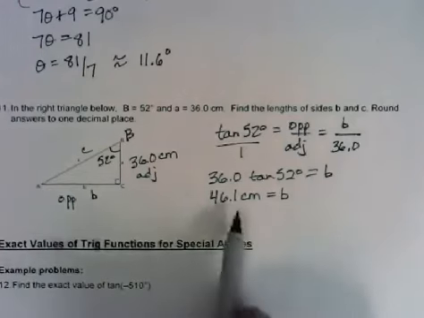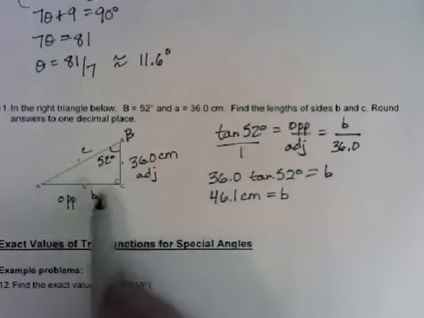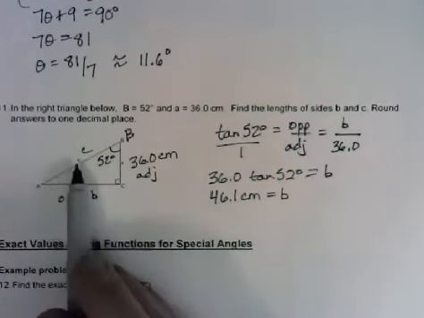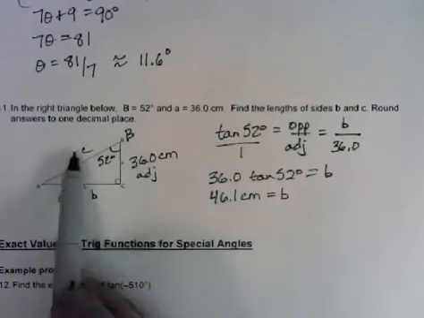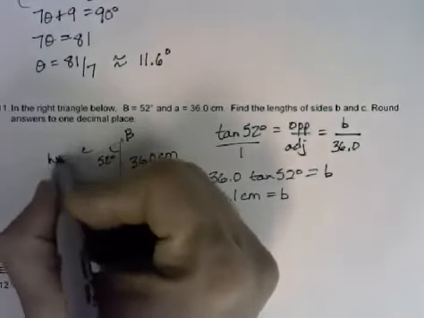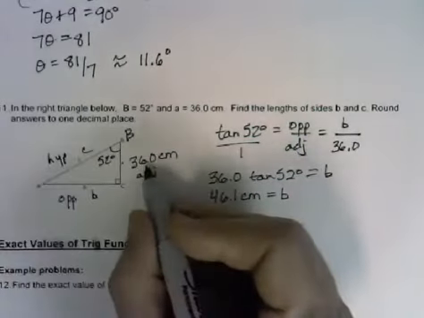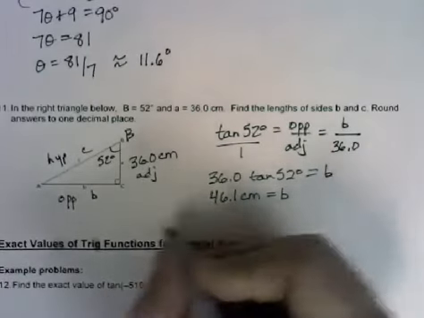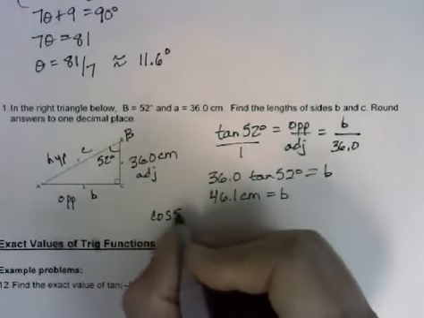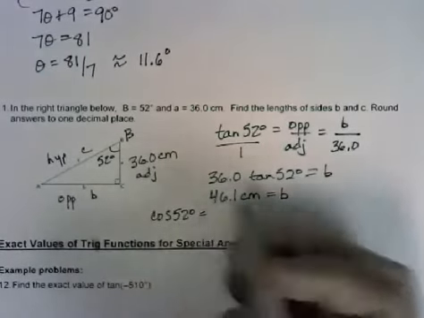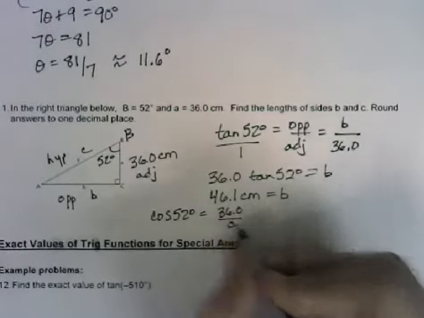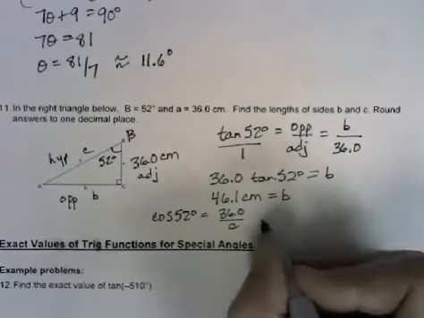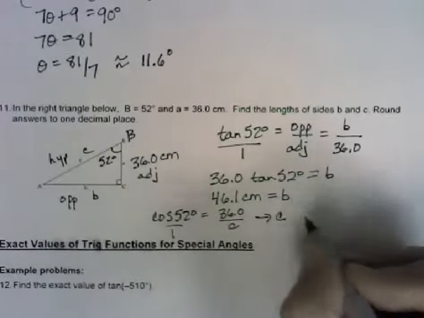I also need to find C. At this point, I could either use the Pythagorean theorem, since I have a right triangle, or I could use another trig ratio. The trig ratio that would involve the hypotenuse and the adjacent would be cosine. So that would be adjacent over hypotenuse, and then I could solve this one for C by cross multiplying again.